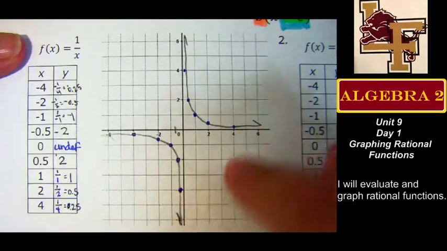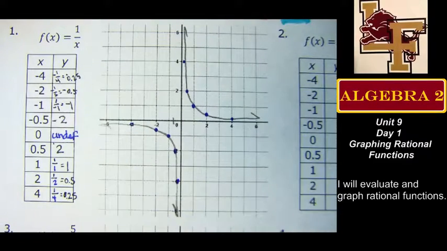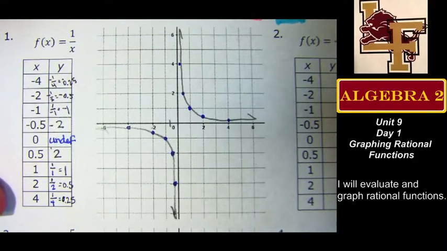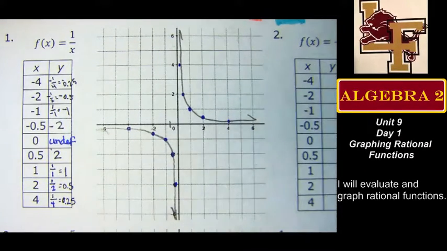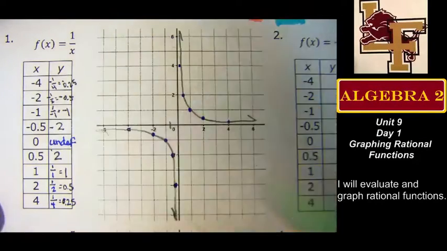So what kinds of structures are we seeing in here? You had said something about an asymptote. Where is that asymptote? Where do they appear to be? On the x-axis?